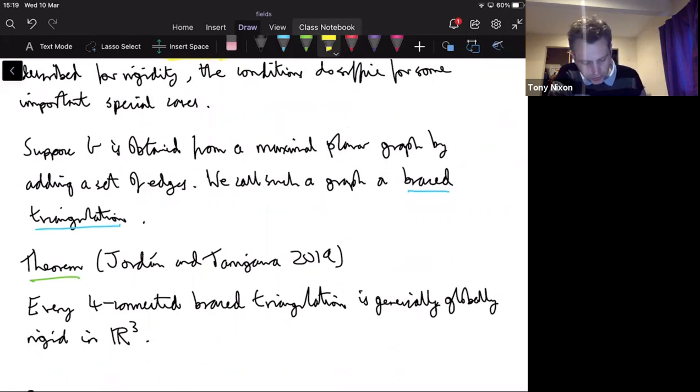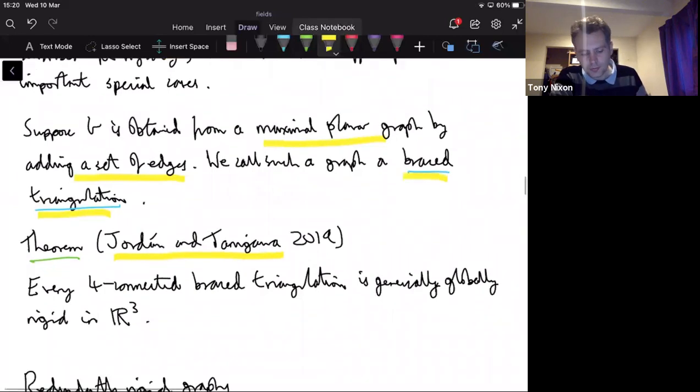So this is a recent result of Tibor Jordan and Shinichi Tanigawa. What we saw several lectures ago now was that if you're a triangulation of the sphere, you have exactly 3v minus 6 edges, and you will be minimally rigid. And this was a vertex splitting proof that we went through. But if I take such a graph, a maximal planar graph, and then I add a set of edges, the set of edges you add to your maximal planar graph will be called braces, and I'll call the graph resulting from adding these edges to a maximal planar graph a brace triangulation.